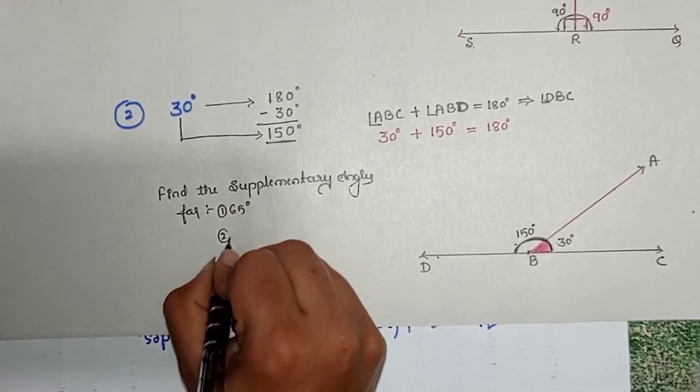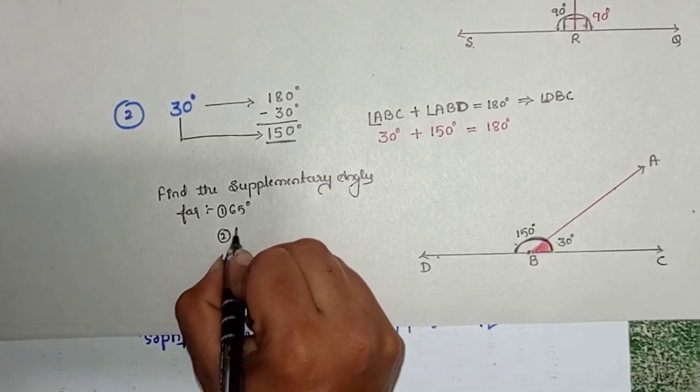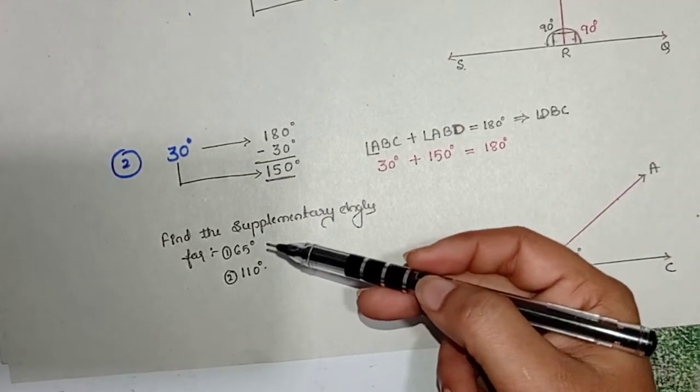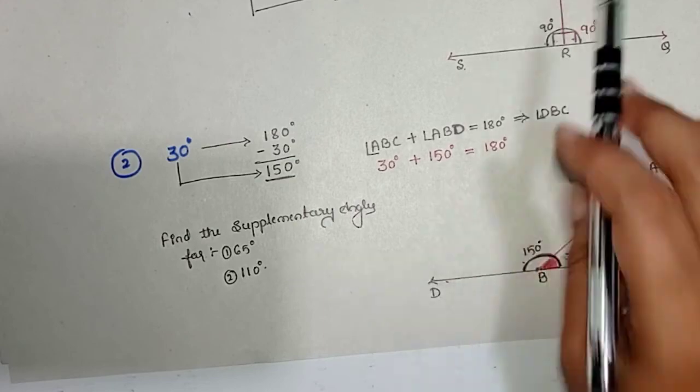The second question is, find the supplementary angle for 110 degrees. After finding the supplementary angles for these two, you can send me the answers in the comment box.